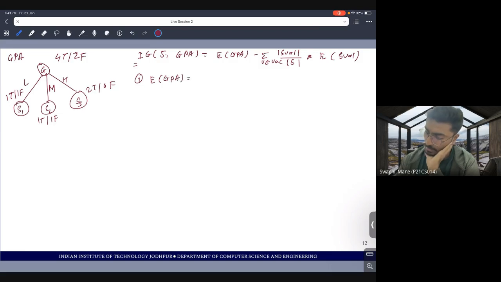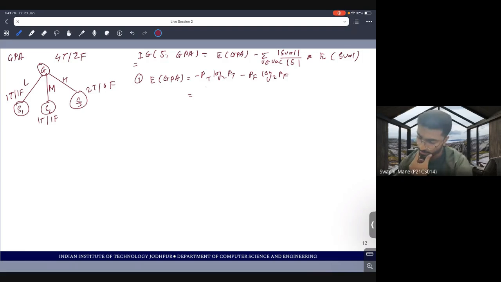How are we calculating the GPA value? The same formula: minus PT log to the base 2 PT minus PF log to the base 2 PF. How much are we getting true: 4 and 2.